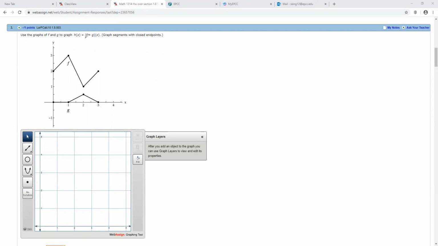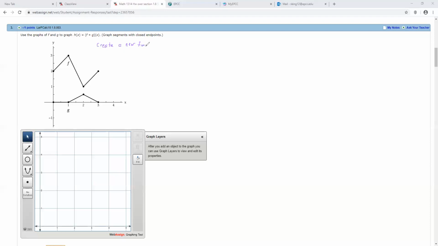And now we're going to learn how to create a new function out of 2 functions they give us. They could have asked us to create a new function using 3 equations or 4, but they are just going to ask us to create a new function, and they don't even ask us to title it, or we can't write the formula down because they didn't give us the formulas of the first 2.